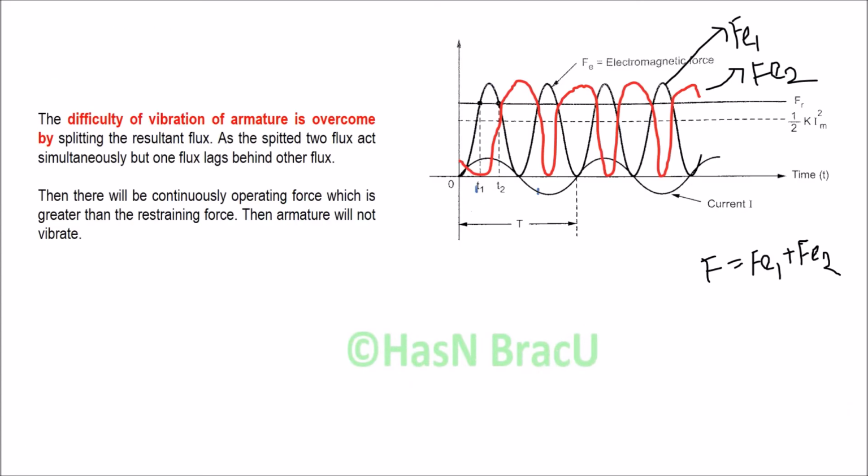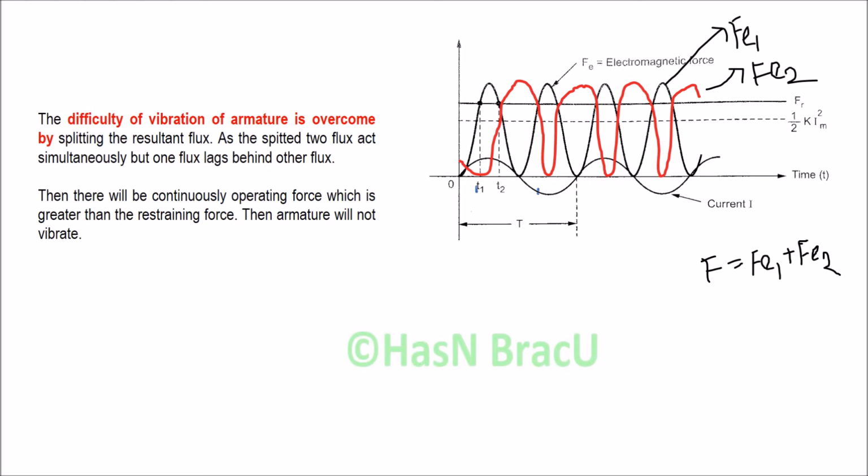Now the difficulty of vibration of armature can be overcome if we generate a flux which lags the other flux. Then there will be continuously operating force which is greater than the restraining force. If operating force is greater than the restraining force and it is continuous, then the armature will not vibrate, and this can be done by splitting the resultant flux.